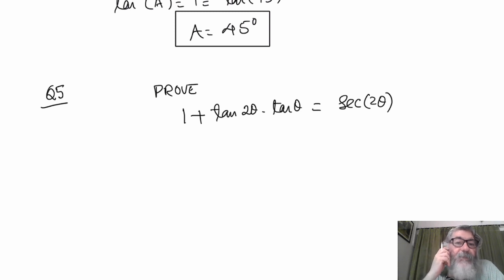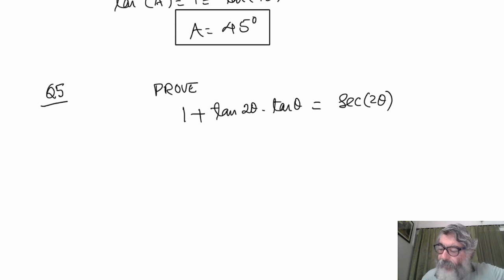Generally we start from left hand side, but in some cases we have started from both sides, solving left hand side and right hand side, and finally they should come out to be equal. The purpose is to prove left hand side is equal to right hand side. So here I am starting from left hand side.